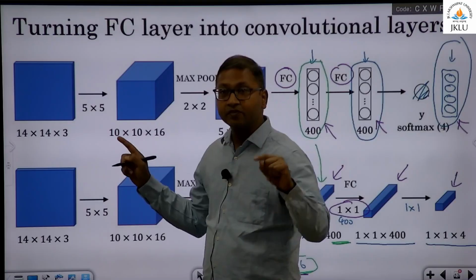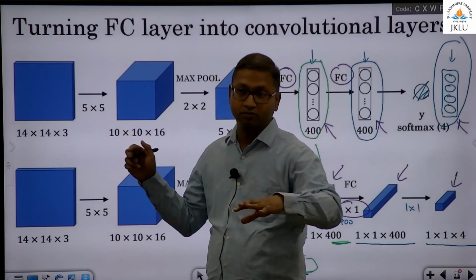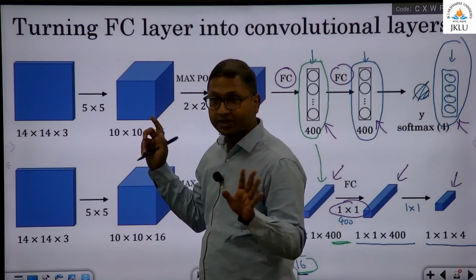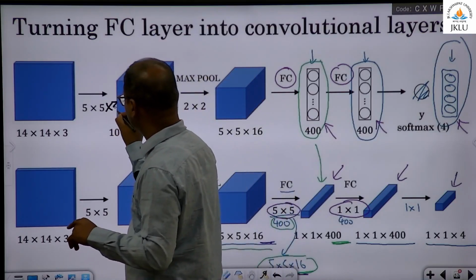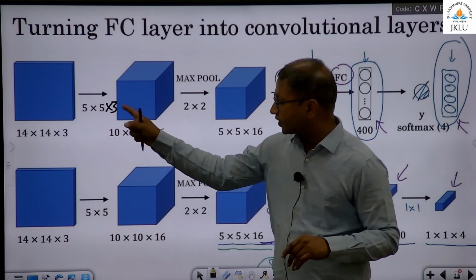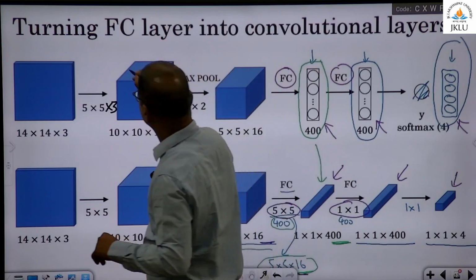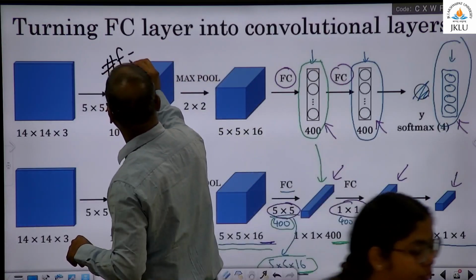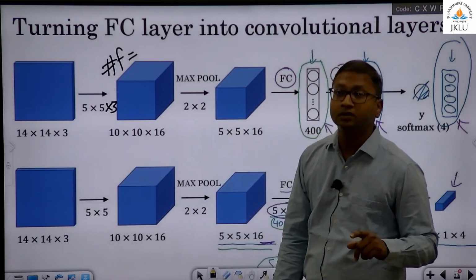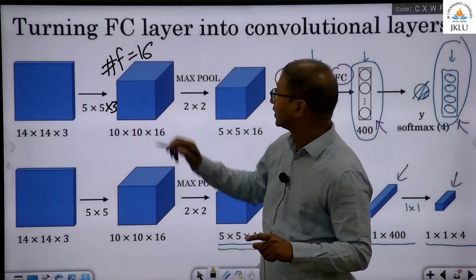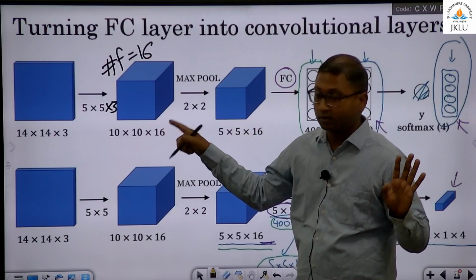If it were mentioned that this is depth wise, then we would think. Nothing is mentioned, so this has to be 5 cross 5 cross 3. And then how many filters? 16. Okay, so you get this one.